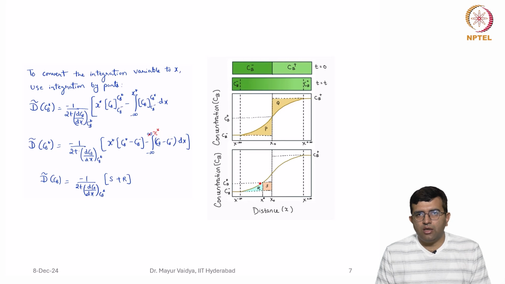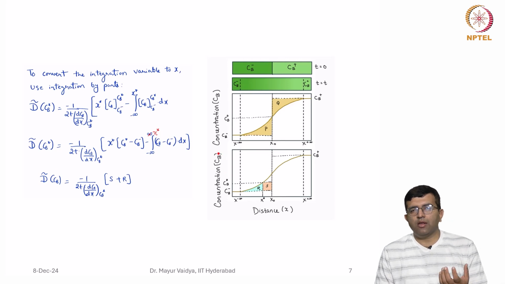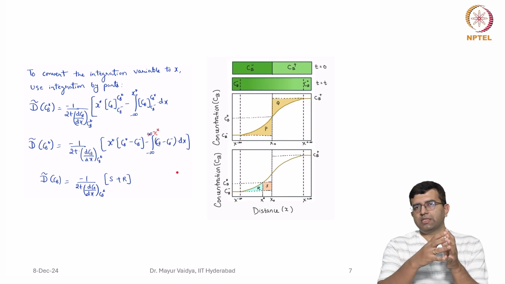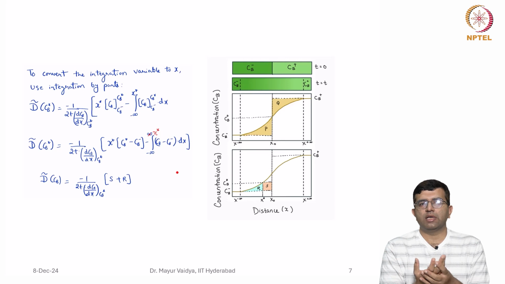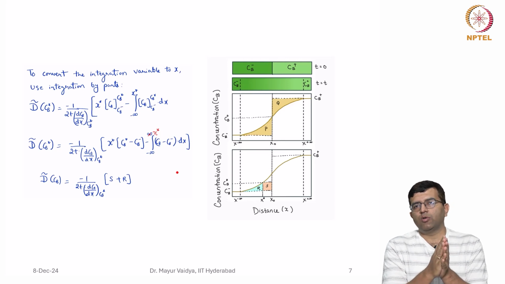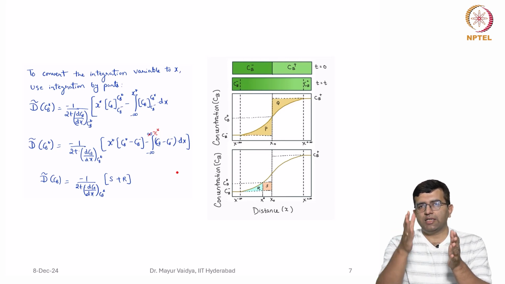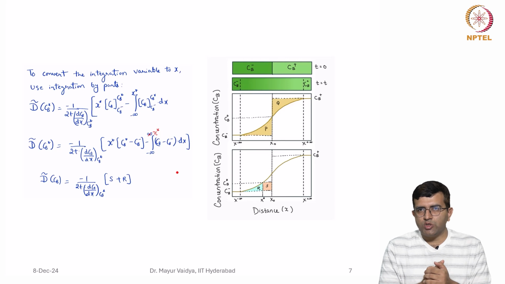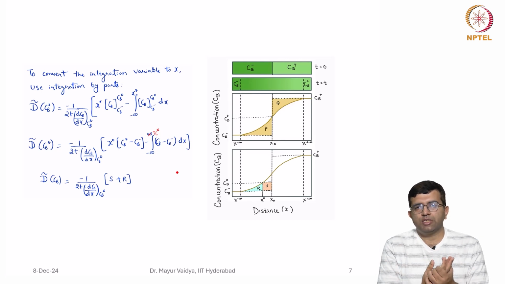Now you may ask how do we actually calculate this in practice? What you get is a composition profile from your SEM, and you have different compositions for different x. So you can use mathematical software like Origin and so on.